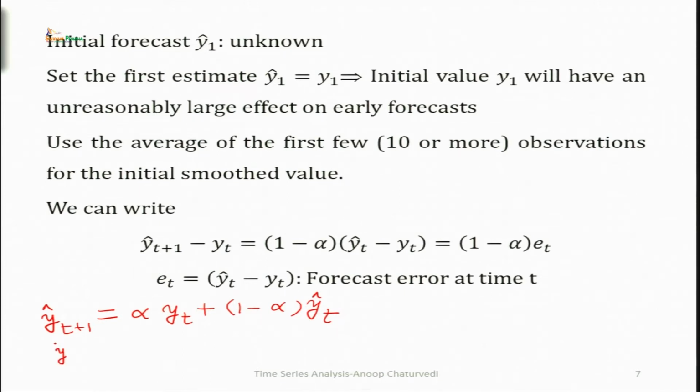So, y hat_{t+1} - y_t: you subtract y_t from here.